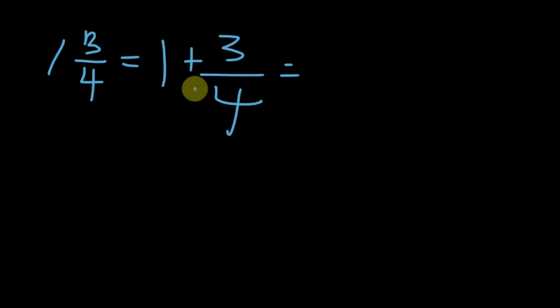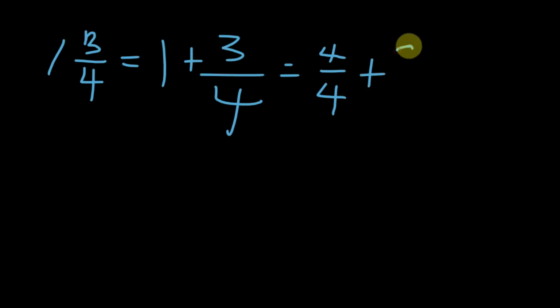For us to have 1 at this side, it means that 4/4 gives us that number. So 4/4, which represents 1 here, gives us 1.